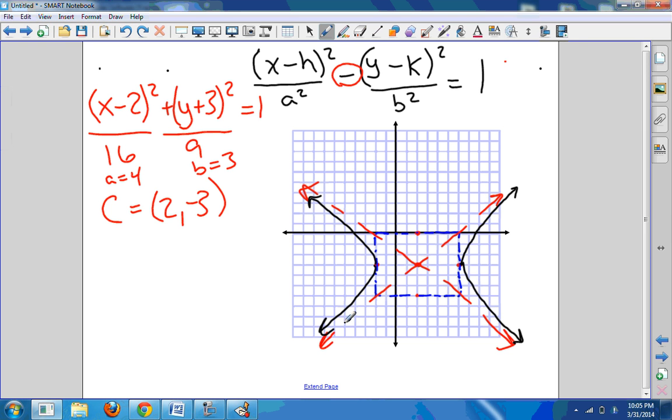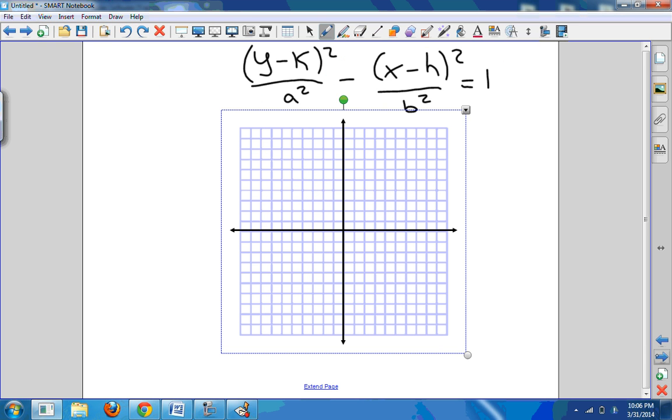Alright, let's look at one other one. This is the equation for a vertical hyperbola.